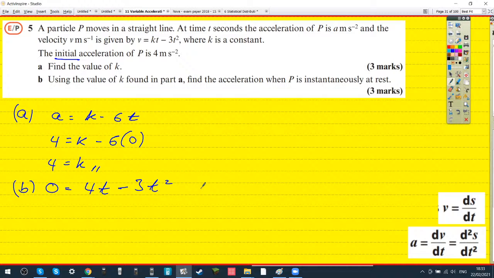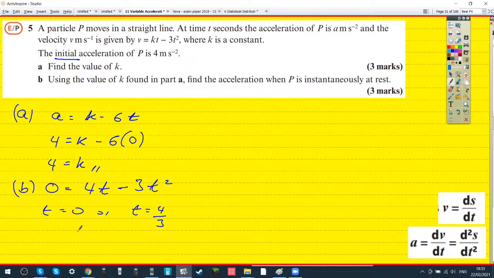And so if I now solve for t, I get 4/3 and 0. T is equal to 4/3. All right, is that it? Do I need to sub that back into k minus 6t? Correct.